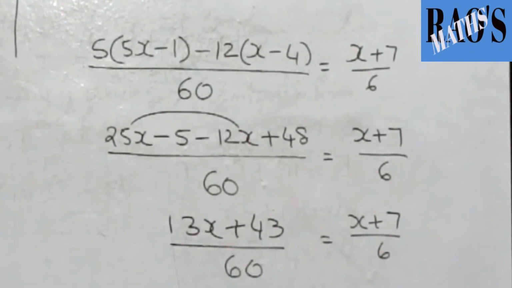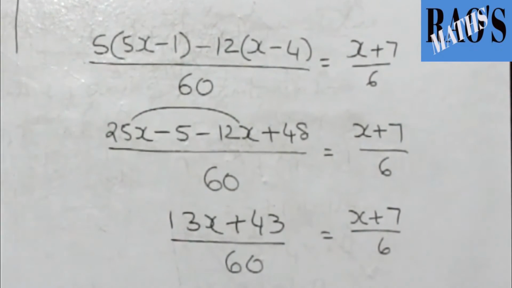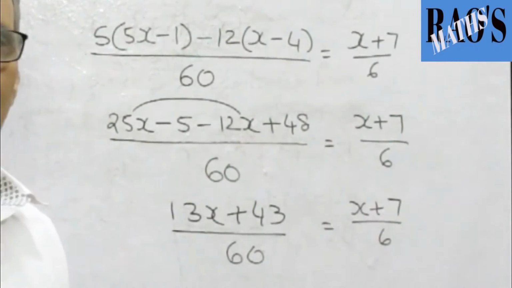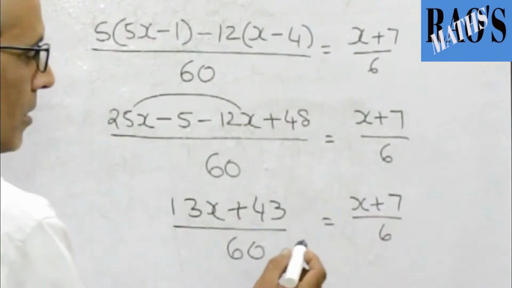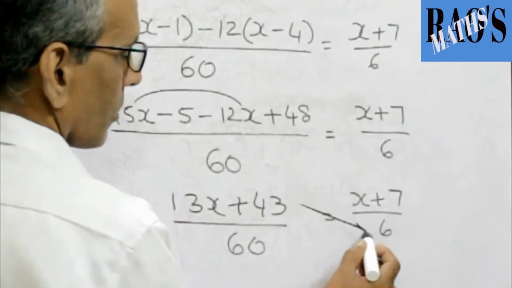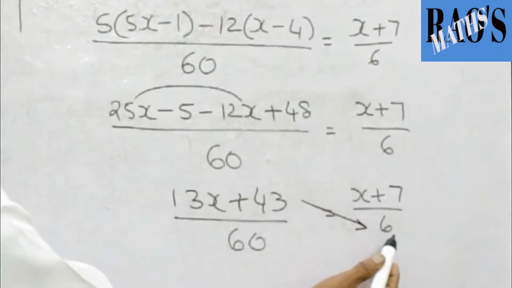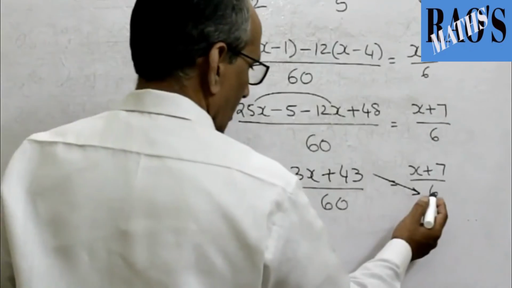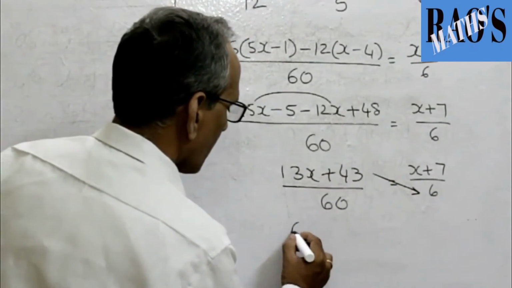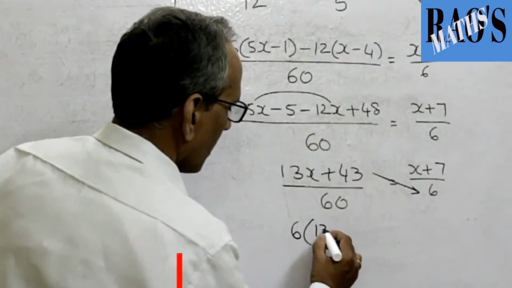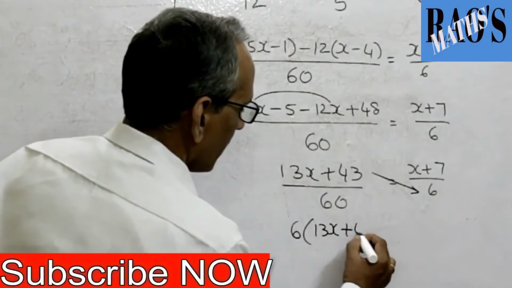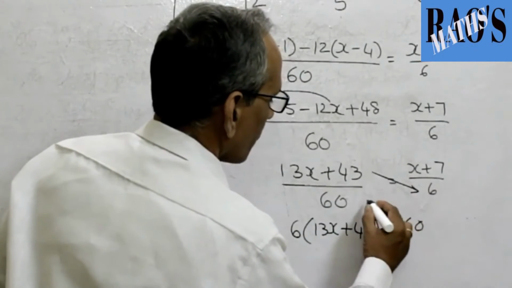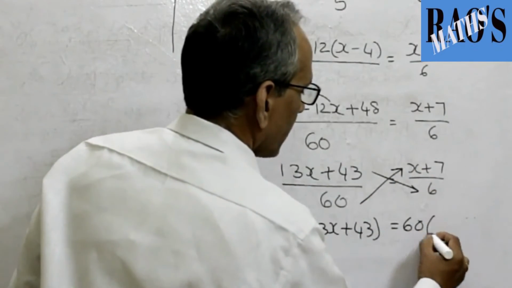Now in this case, we go for cross product. Whenever a pair of fractions are equal, the cross products also remain equal. We studied this already. So here I go for the cross product, that is I multiply this binomial by this 6 and this numerator by the 60. So 6 of 13x plus 43 and 60 of x plus 7.